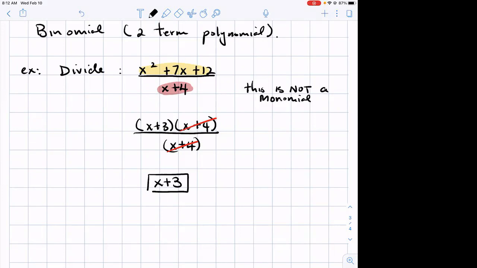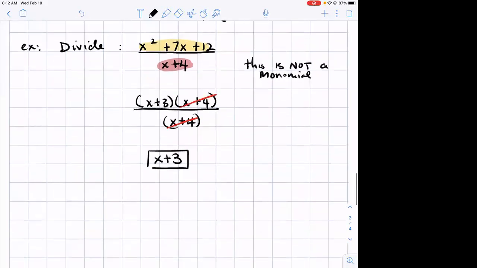And there are many examples when this will happen, but it does not always work. And that's the reason why we have to learn what is called long division. Not very difficult, but you have to be careful with your algebra, the steps.